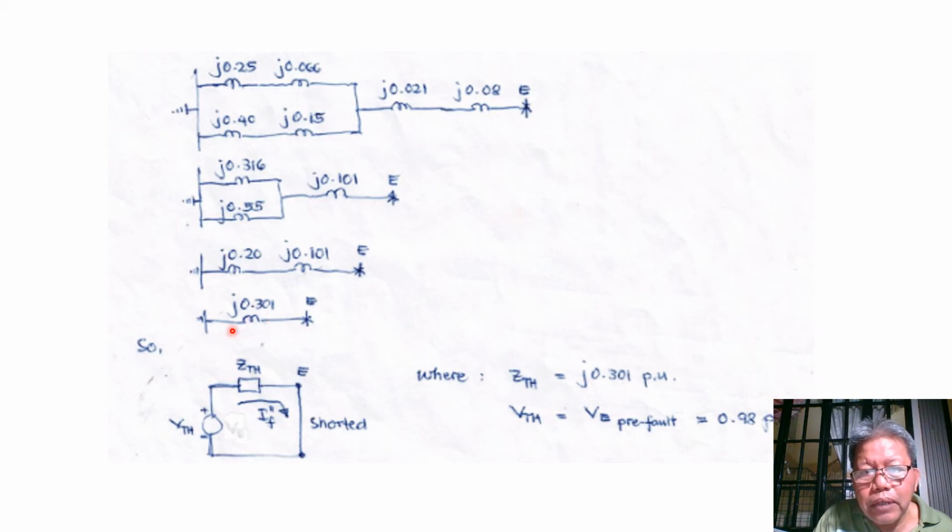So this is now our Z1, the positive sequence impedance of the whole network with respect to the faulted point, which is bus E.